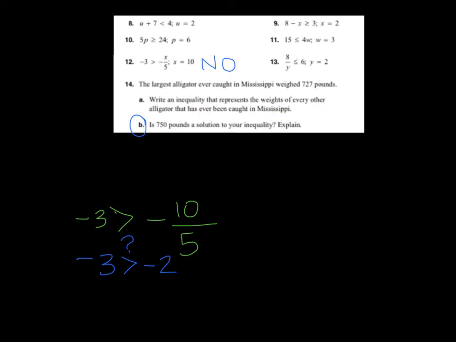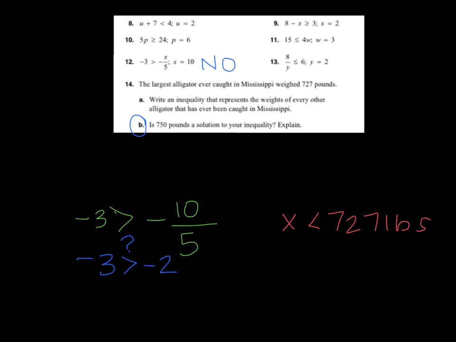Okay, so let's think about that for just a second. We have the largest alligator weighed 727 pounds. So if that's the largest one, that means X, which would represent all the other alligators, would have to be less than 727 pounds. Okay? Because if that was the biggest, then all the other ones have to be smaller.